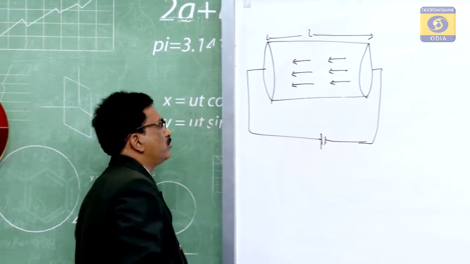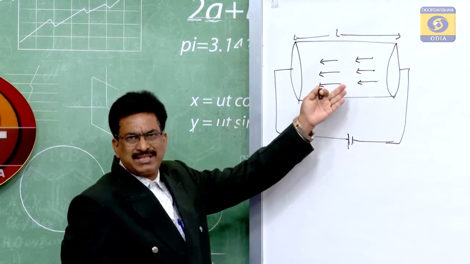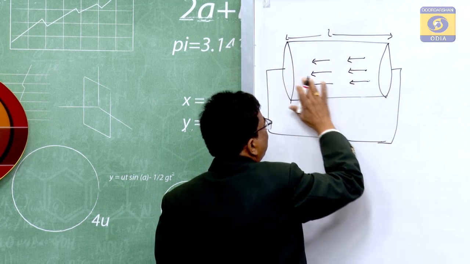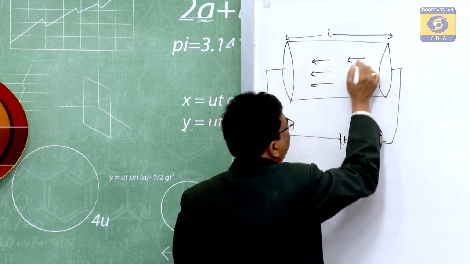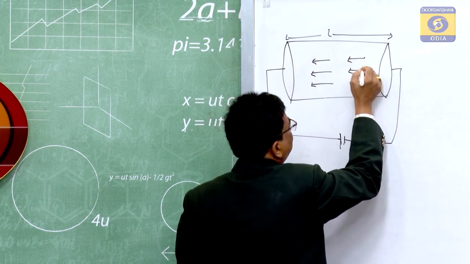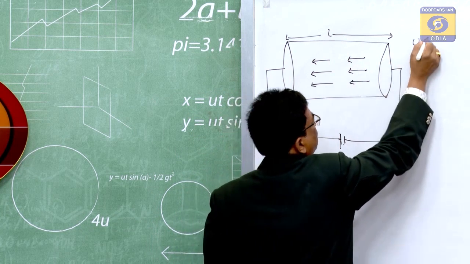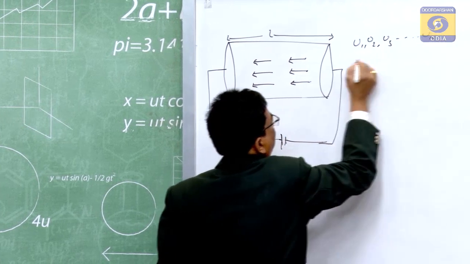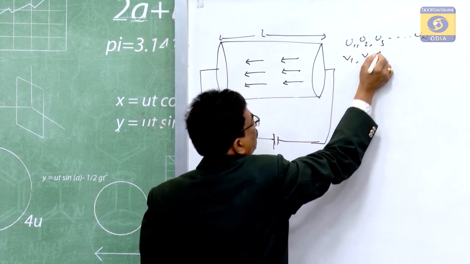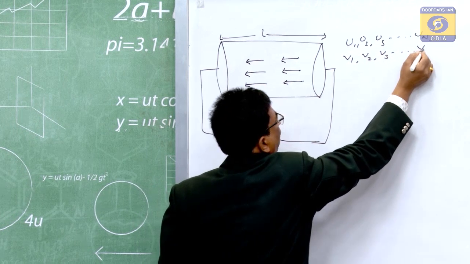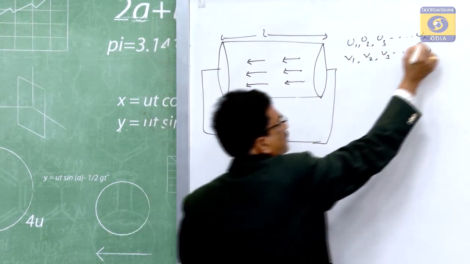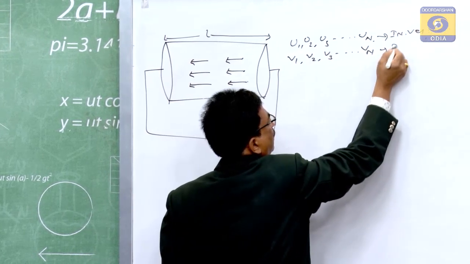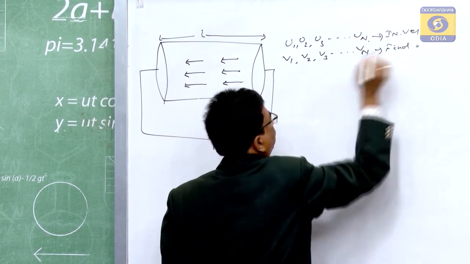Due to this source, these electrons accelerate. The number of electrons is so high that we consider their mean velocity. If the initial velocities are u1, u2, u3 up to un, the final velocities are v1, v2, v3 up to vn.